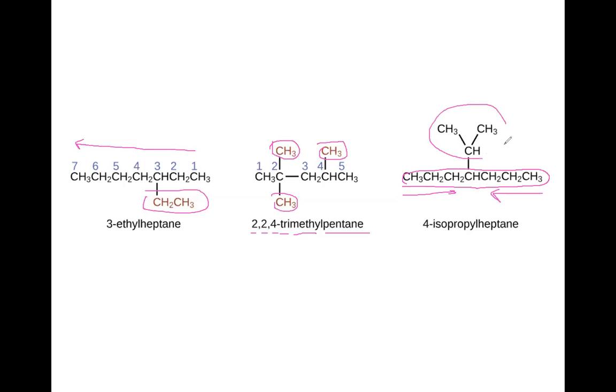Isopropyl, because it's 3 carbons, so a 3-carbon alkyl is a propyl group, but it's attached to the heptane via the middle carbon, not one of the end carbons. So it's not 4-propylheptane, it's 4-isopropylheptane.